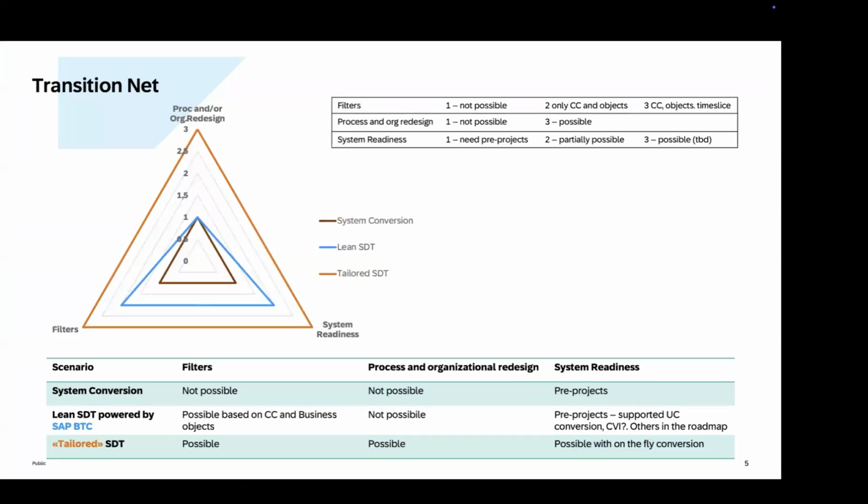And this is system readiness. The main benefit of BTC is to run this in one project, reducing the test effort, reducing the effort for the business, and not to do several projects before the migration.